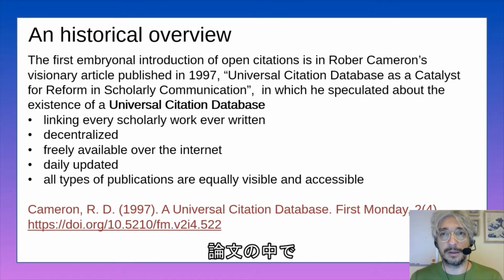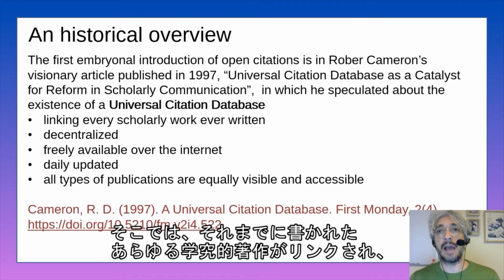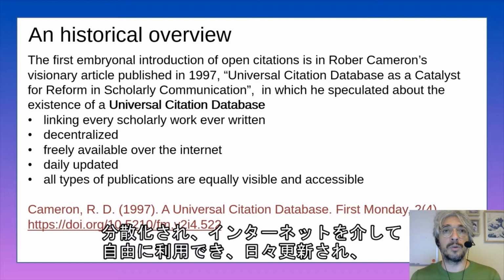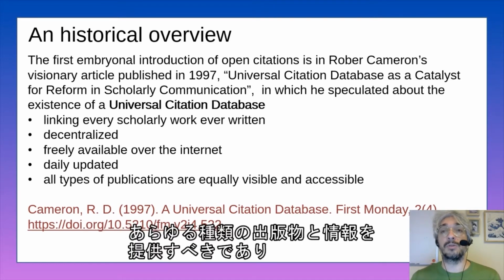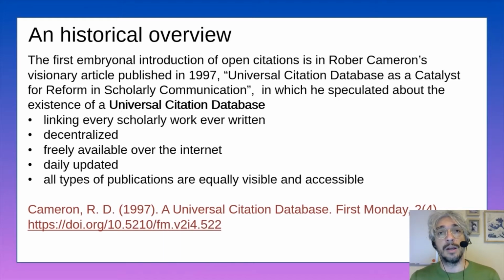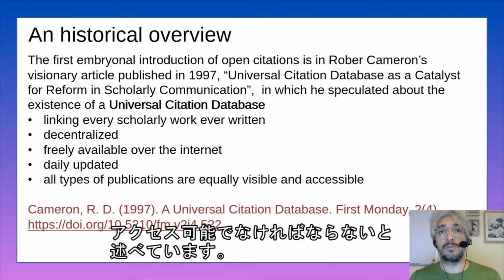In this article, he speculated about the existence of a universal citation database which would have linked every scholarly work ever written, which should be decentralized, freely available over the internet and daily updated, providing all types of publication information about all types of publication, not only journal articles, but also technical reports, data sets, and other publication types. And all these publications should be equally visible and accessible to all.